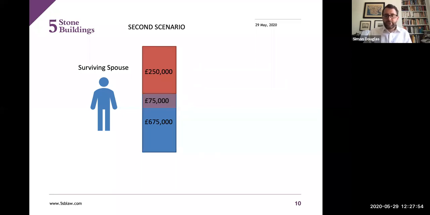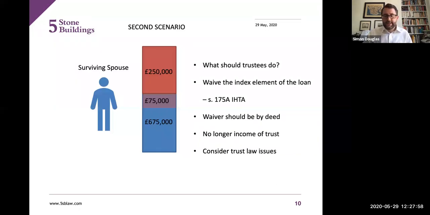So what can the trustees do in this scenario? Well, I think the best thing to consider doing is for the trustees to waive their entitlement to the index-linked element of the debt, effectively disclaim their entitlement to this £75,000. Because if they do that, it will not be treated as a liability of the surviving spouse's estate.